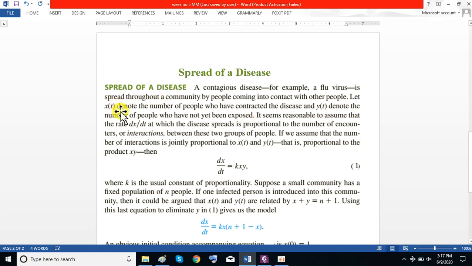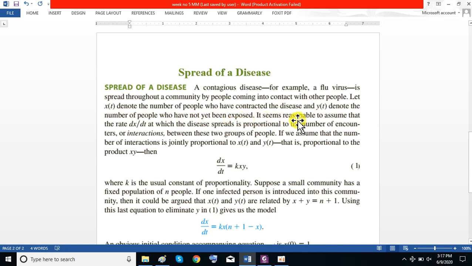Let x(t) denote the number of people who have contracted the disease, and let y(t) denote the number of people who have not yet been exposed.